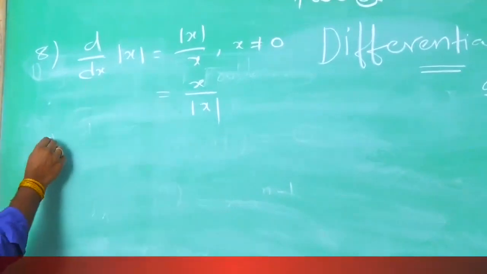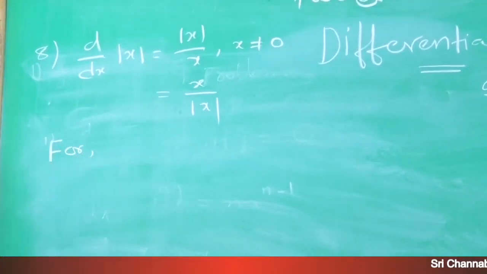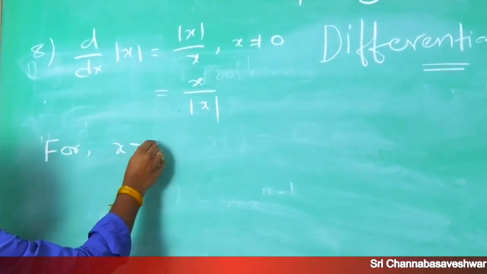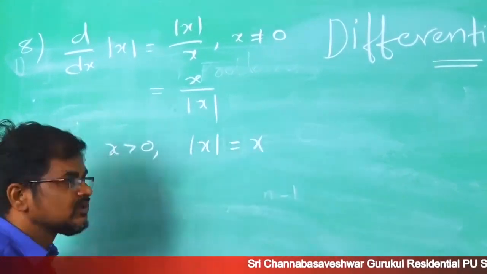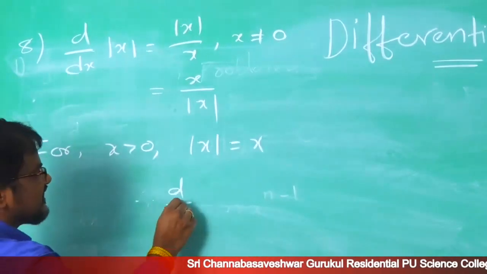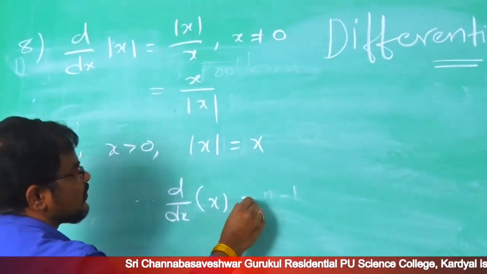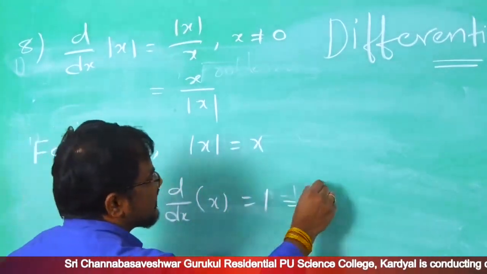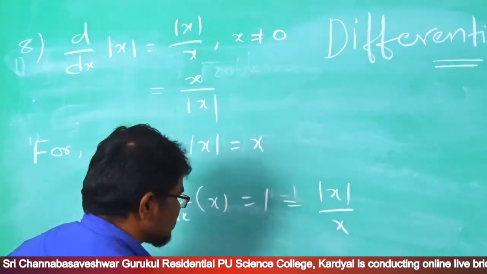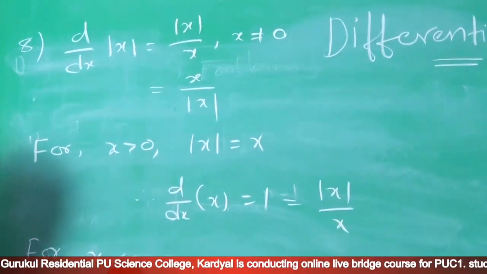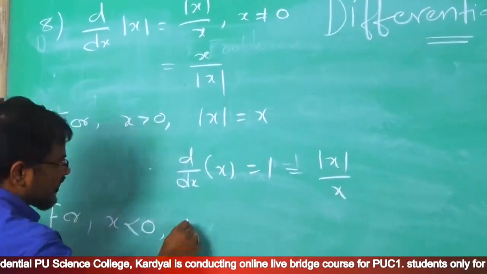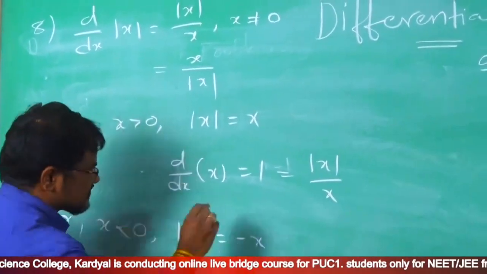So how to get that one? We know that for x greater than 0, mod x equals x. Therefore the differentiation of x equals 1. Again it can be written as mod x by x. For x less than 0, mod x equals minus x.